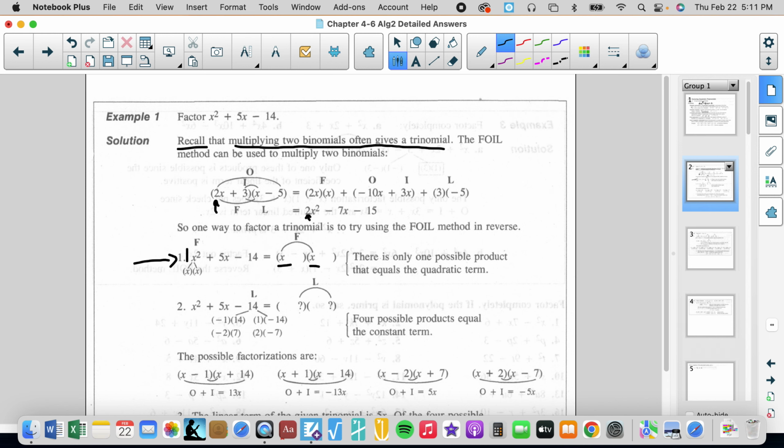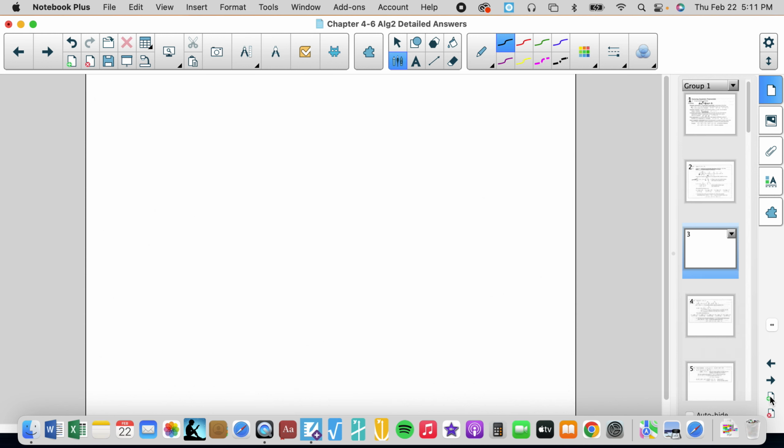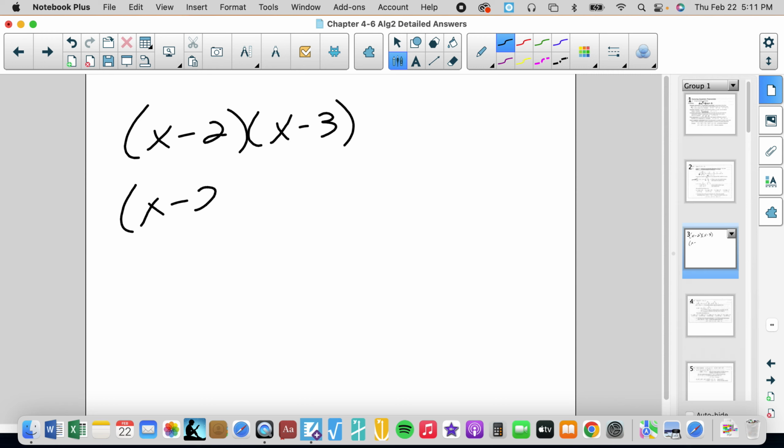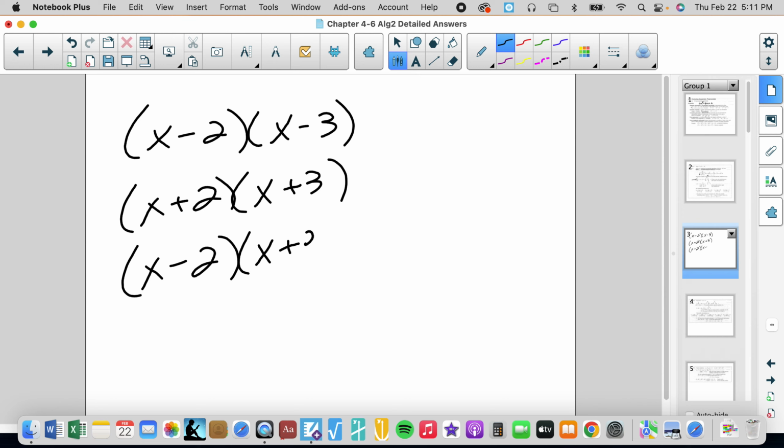But yes, it's important that we do, and I'll show you this. This is the best example: you take the same binomials and you change the signs for each of them. You keep the variables the same, you keep the numbers the same, but you change the signs.